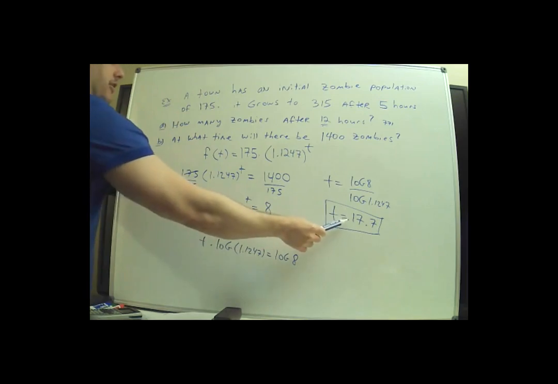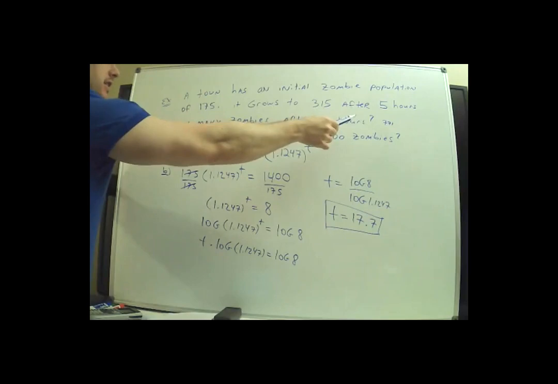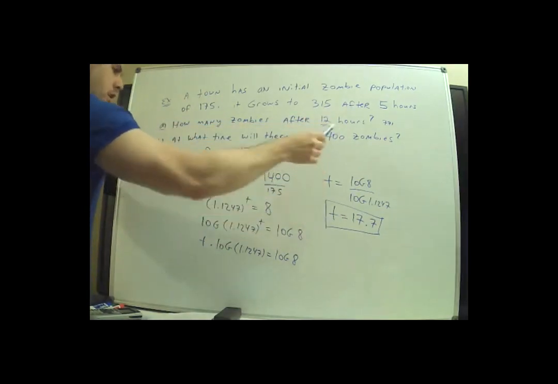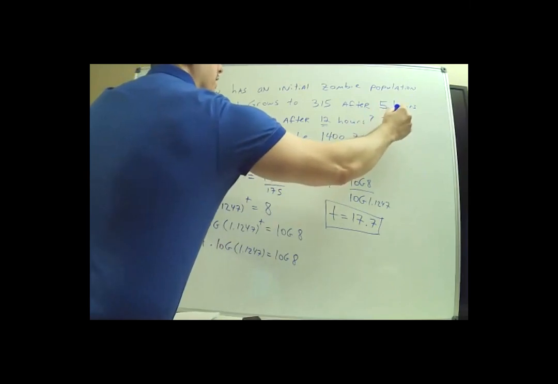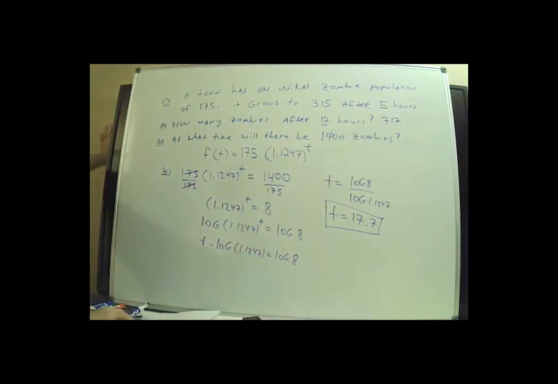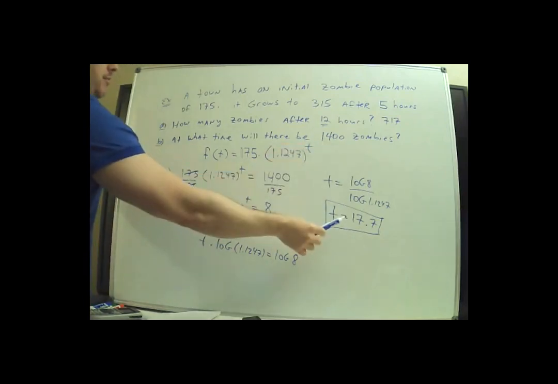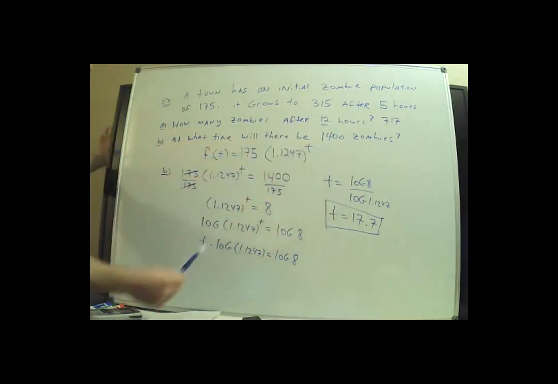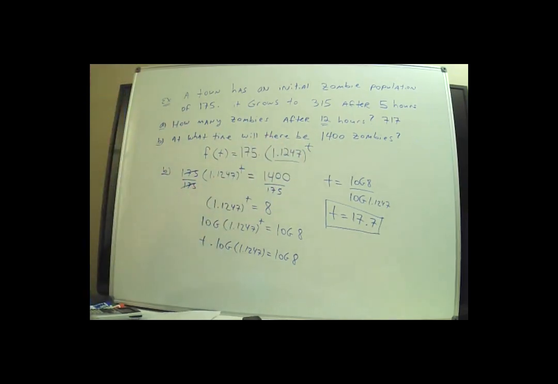Certainly it can't be less than 12. After 12 hours, we had like 771 or whatever it was. No, it was 717, wasn't it? Yeah, I forget. I should have written it down. So after another 5 hours, it almost doubled from that. So that's the point with this growth rate. It's exponential. It grows pretty quickly. All right, so that's the last one.